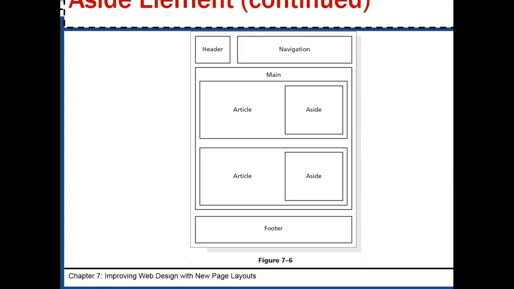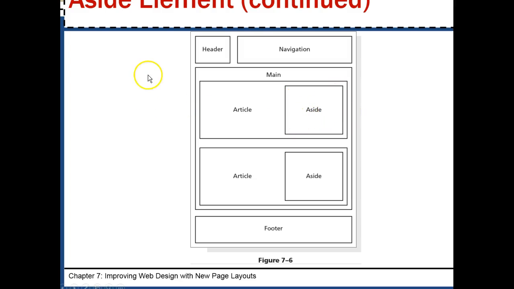Something else that the visualization might actually help you understand better. So again, you can see that this is an example of a wireframe that uses the aside element. In this example, you could have your articles, but inside it, you could have that aside element.